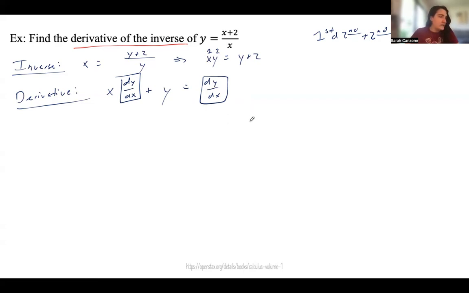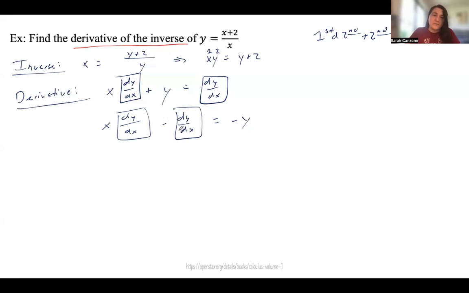And we can go ahead and rewrite our equation so that all dy dx's are on one side and everything else is on the other. So I'm going to shift this over to the left. I'm going to shift the y over to the right. So I get x dy dx, and then minus dy dx equals, and then I'll subtract the y. Perfect.